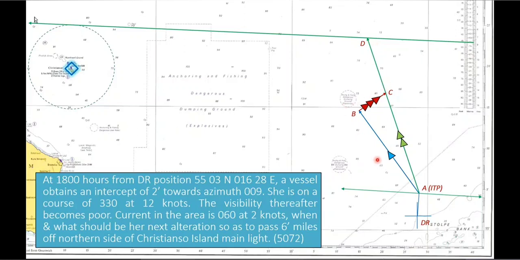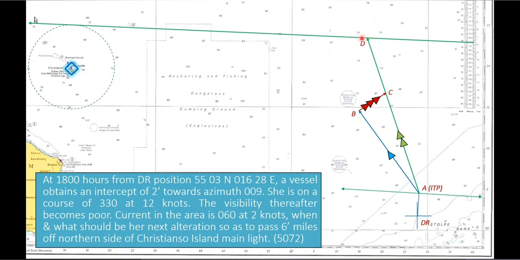In the first case, we allowed for the current because CTS was known to us. We allowed for the current and found out our CMG. But in the second case, the CMG is known to us. We want our vessel to move on this green color line. So the CMG is already fixed. We know the current and we want to find out the CTS. So it will be counteracting the current.